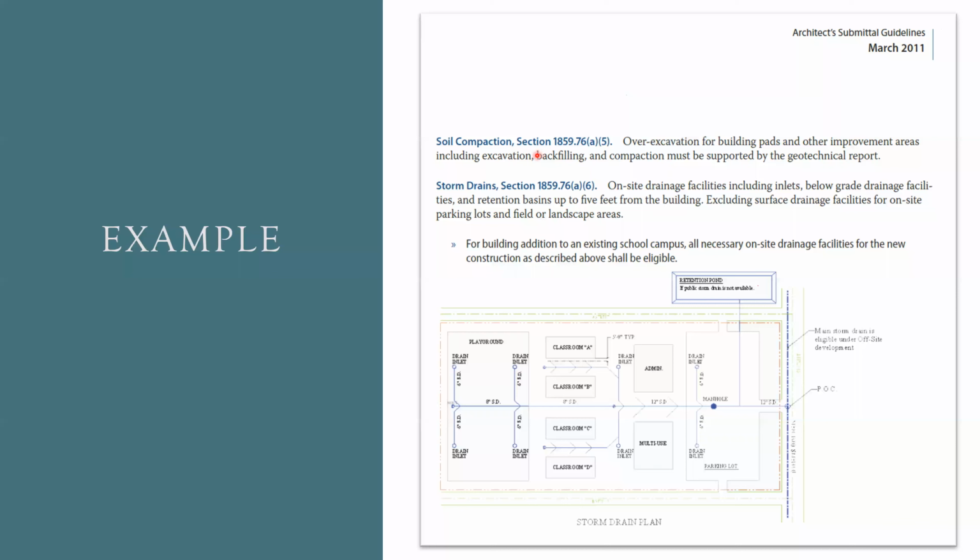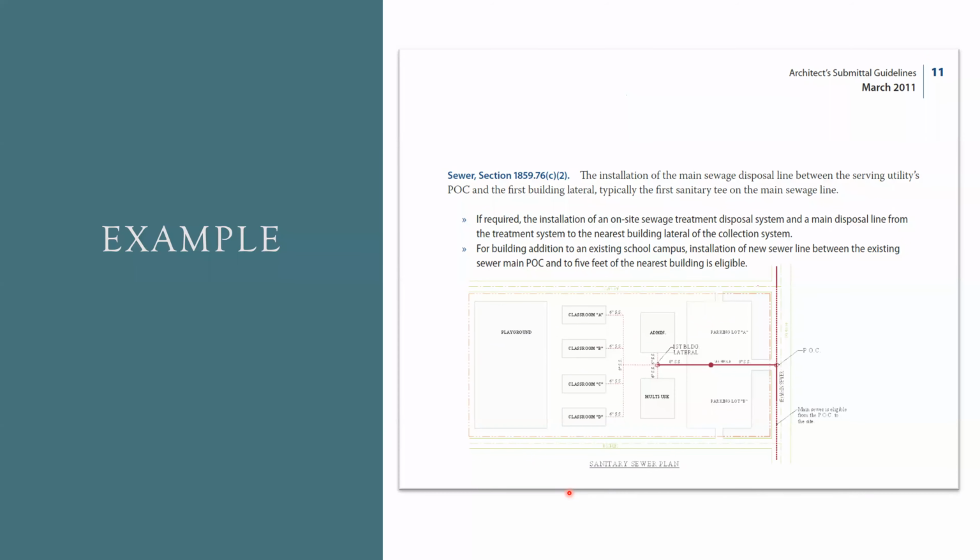It lists the SFP regulation as well as what it is, and it has examples with images. So it's very, very useful. This one is for sewer. It talks about what it is, and it has images of exactly what we're looking for, or what we're measuring, I should say.